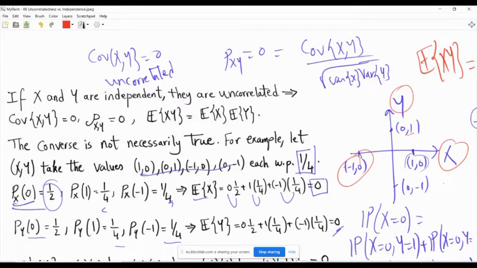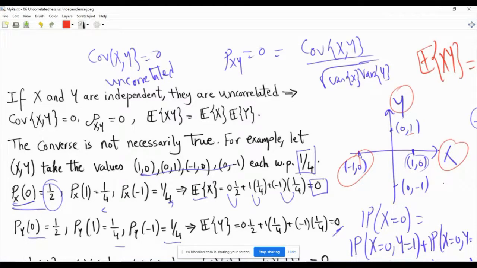So if I tell you that x is 1, automatically y will be 0, because if x is 1, there is nothing possible except that y will be equal to 0, right? So this shows that you can know something by observing x.